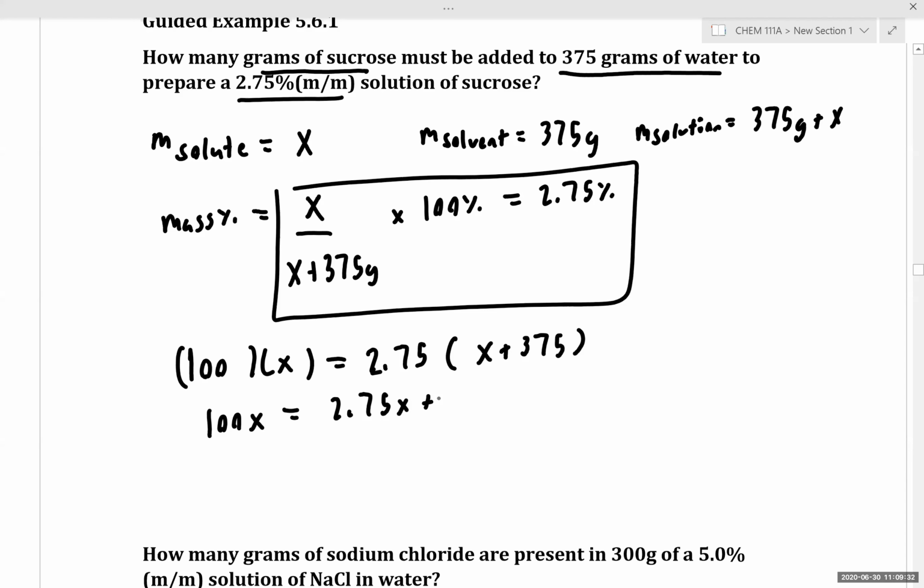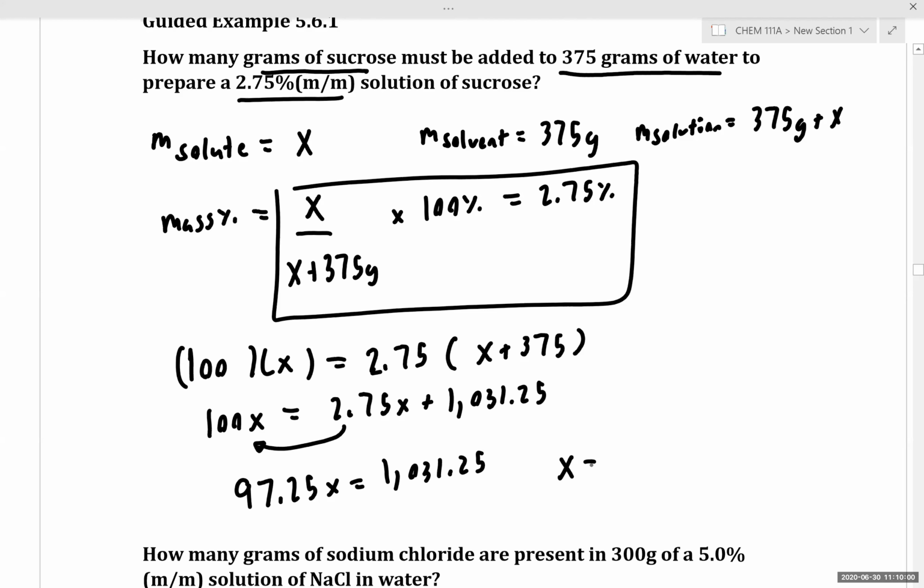And let me punch this into my calculator. Plus 1031.25. Okay. Moving this term containing X to the other side, we get 97.25X is equal to 1031.25.